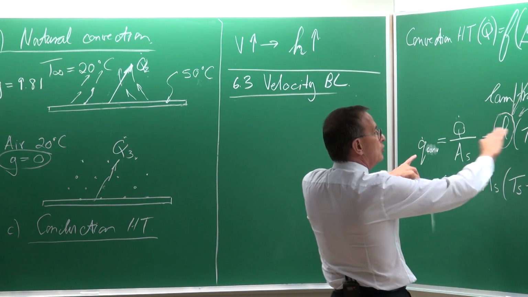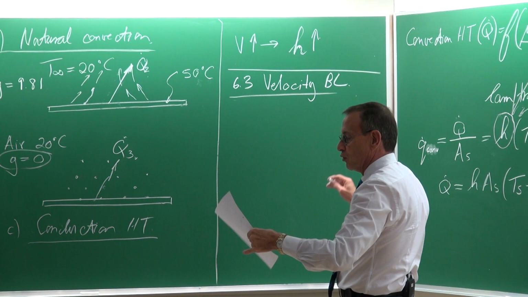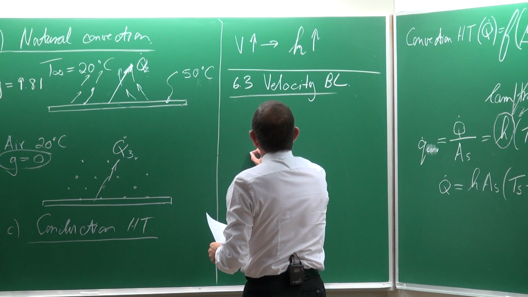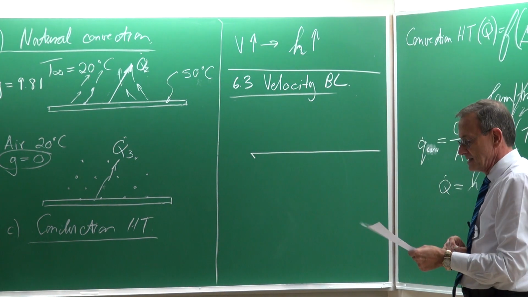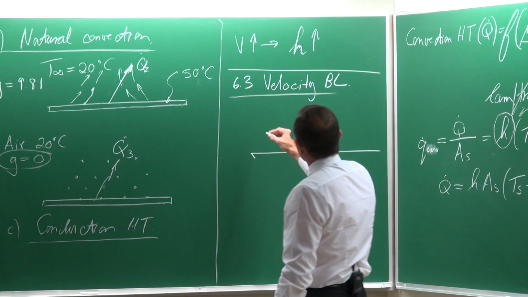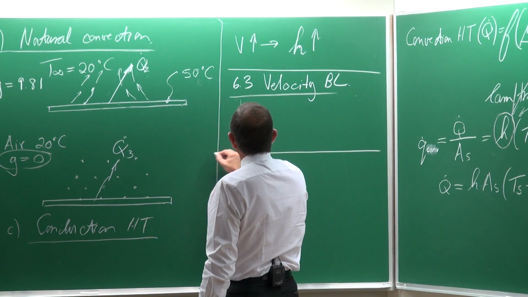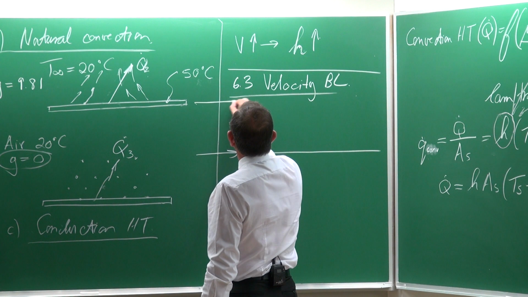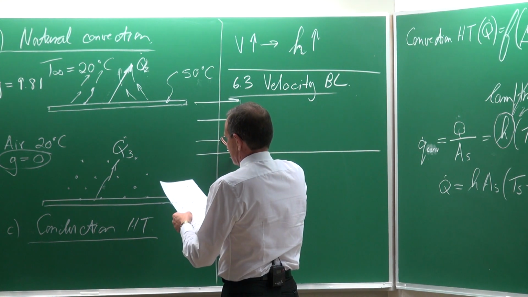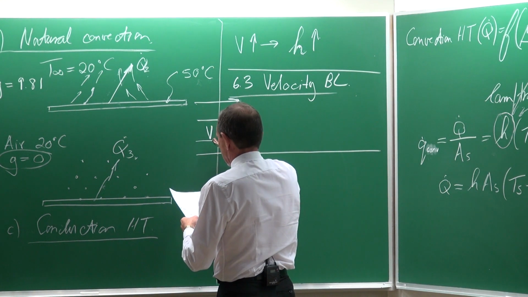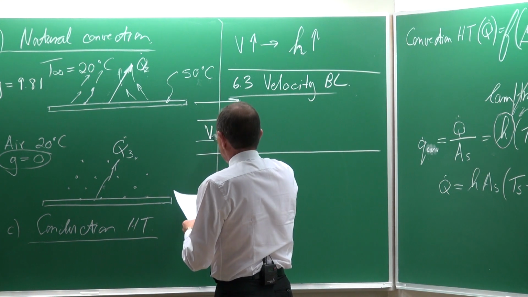And my sketch, I normally would like to use much more board space. So that is being illustrated on a flat plate where we've got a uniform inlet velocity. V infinity.